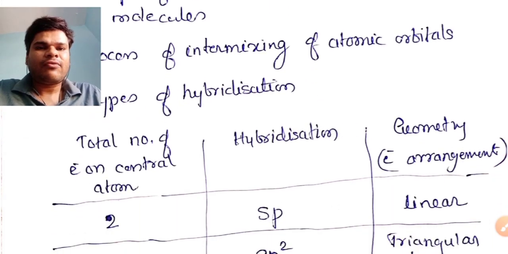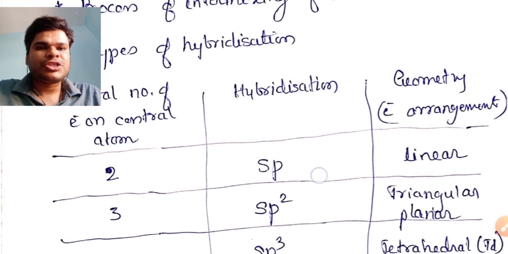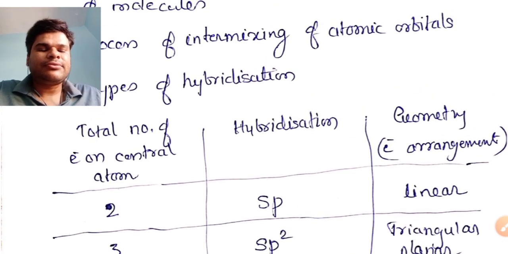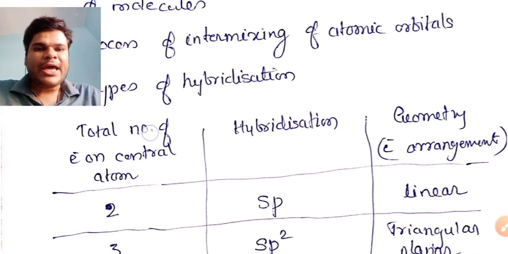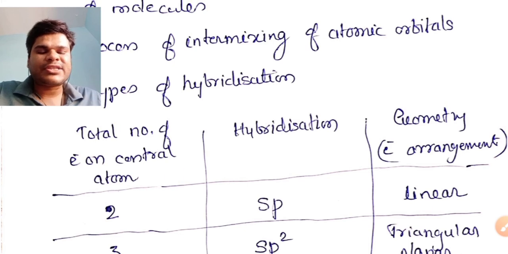In fact, there are a wide variety of hybridizations. To decide the type of hybridization, it helps if we already know about VSEPR. In VSEPR, we know how to count the total number of electrons over the central atom. If you know that, based on that, it is possible to identify hybridization straight away, very easily.